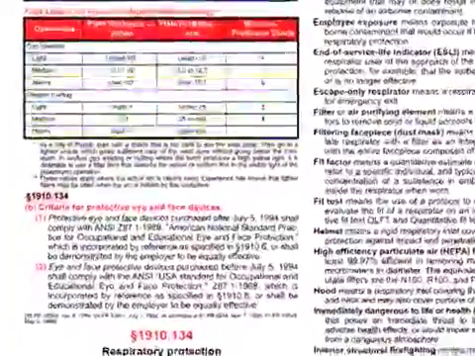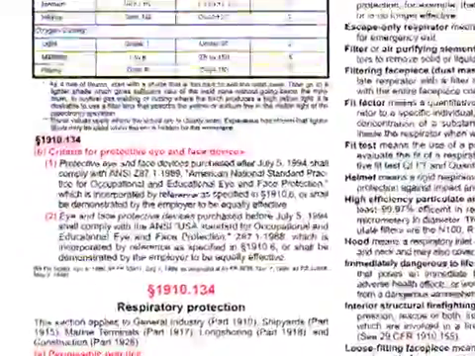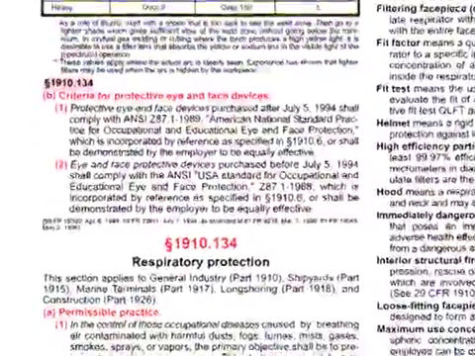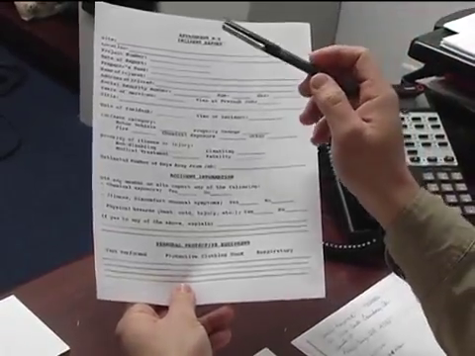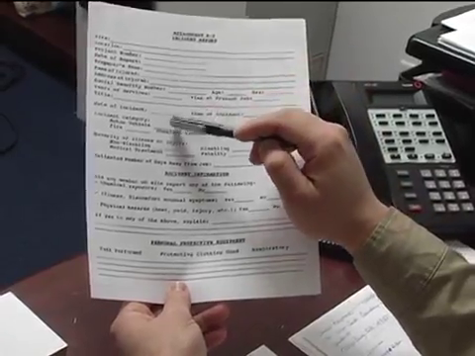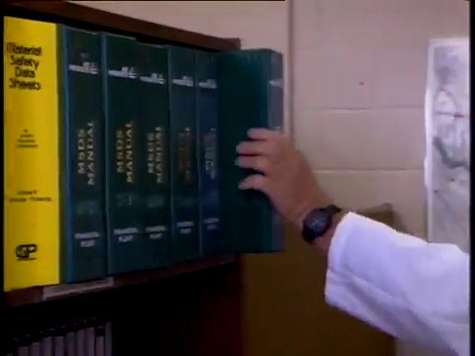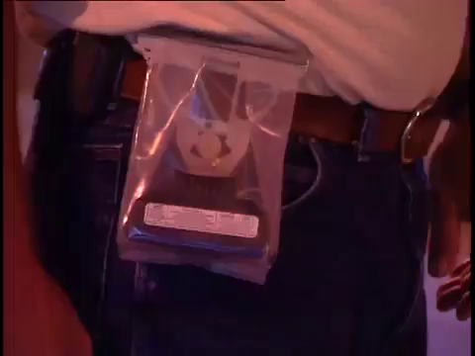The OSHA standard applies to all occupational exposures to contaminated air where an employee is exposed to a hazardous level of an airborne contaminant. You are either required by the employer to wear a respirator, or you are permitted to wear a respirator. Employers have 4 duties that OSHA has imposed on them. First, they should use engineering and administrative controls where feasible to control the hazard.